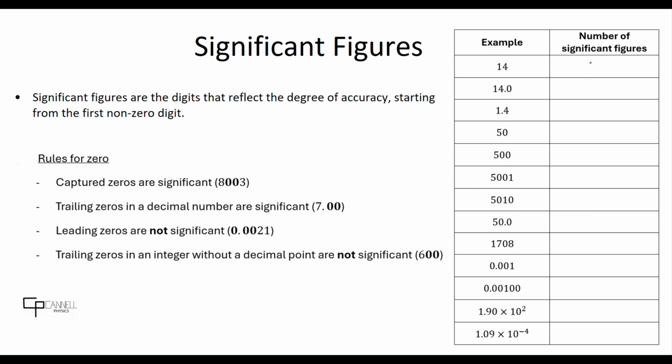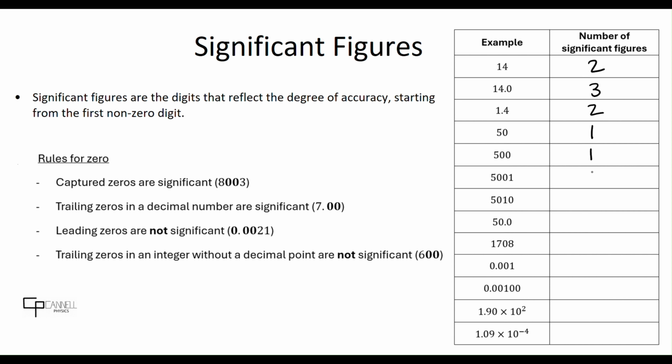With 14, no zeros, so nothing controversial there, 2 sig figs. 14.0, that's going to be 3 sig figs because that is rule number 2. The zero after the decimal is significant. 2 sig figs for 1.4, no zeros, nice and easy. 50, one significant figure because that's rule number 4. Same deal, rule number 4, for 500.